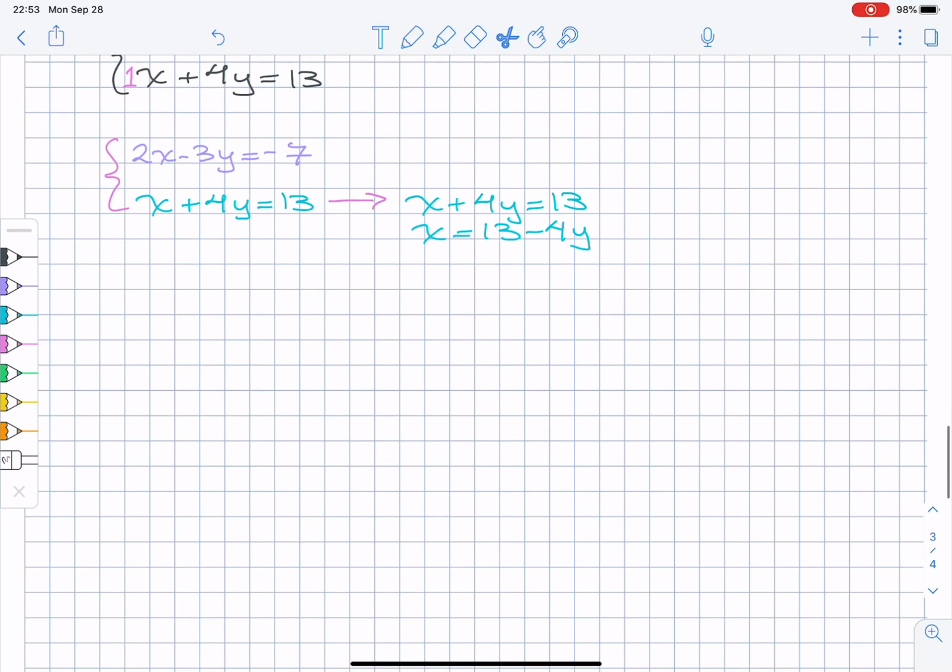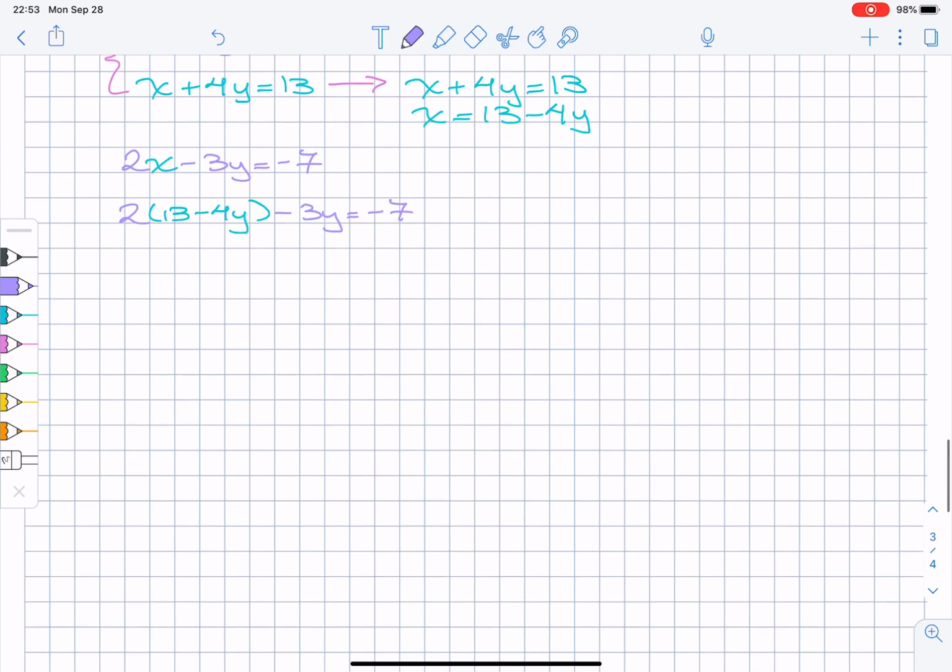So now I'm going to take the 2x minus 3y equals negative 7 and plug in the value I got, which was 13 minus 4y. That's its equivalent, right? And now I can distribute. So what do I get? 2 times 13 is 26. 2 times 4 is 8.